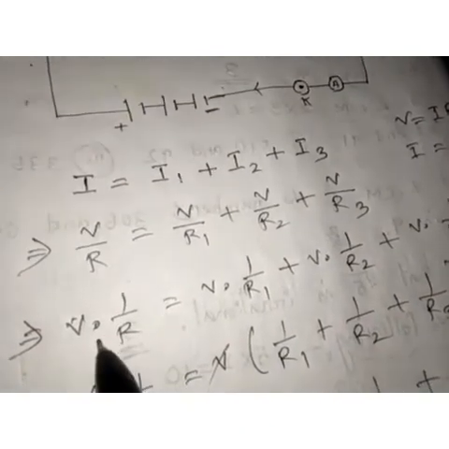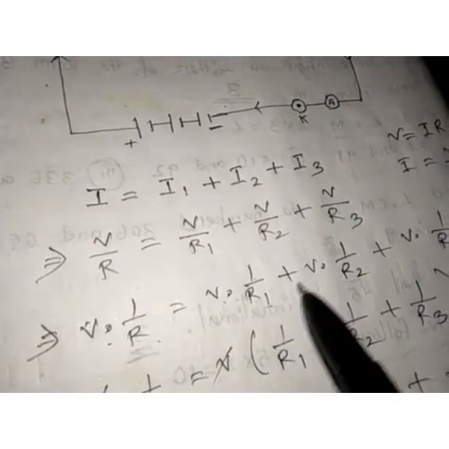Then we can write V into 1 by R1 plus V into 1 by R2 plus V into 1 by R3.